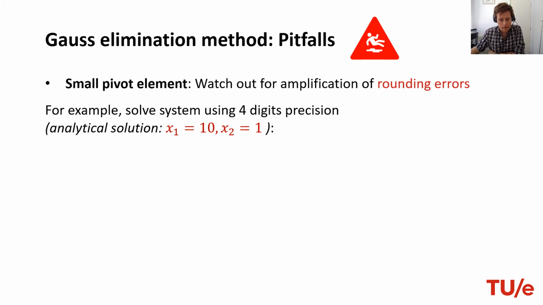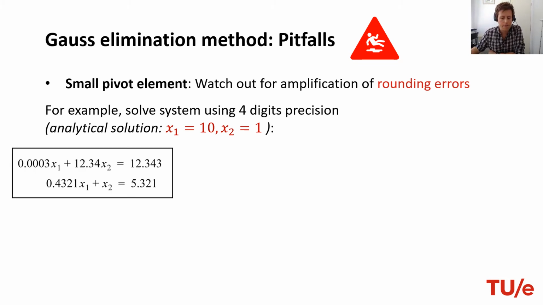For the following linear system, which we will solve using 4 digits precision, by a quick inspection you can verify that the analytical solution to this system would be x1 equal to 10 and x2 equal to 1.